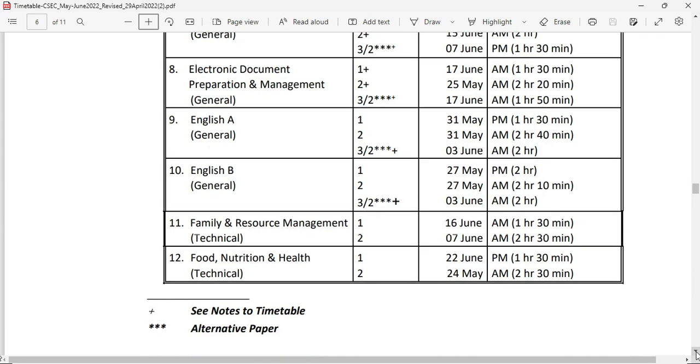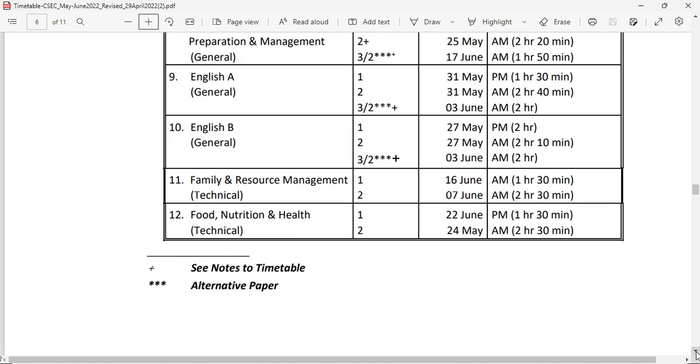Interesting to note, if you are seeing that plus sign, it is indicating that you need to see the notes that come up right after this part of the timetable.